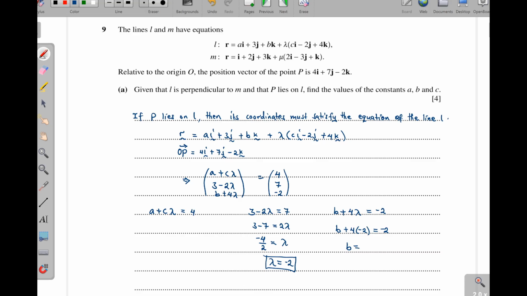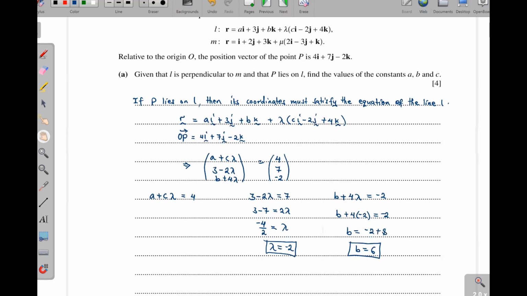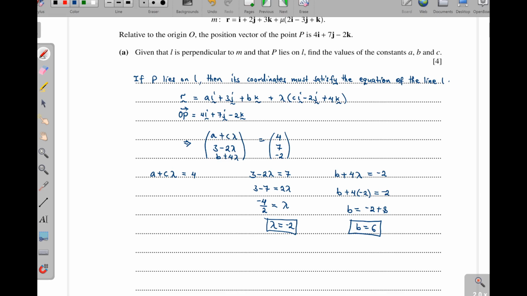So B is equal to negative 2, and this one is negative 8, so when it crosses the equal sign it becomes positive. That means our B is going to be 6. Then we also substitute this value of lambda here. So we have A, then lambda is negative 2, so we have A minus 2C equal to 4. This one I can keep.